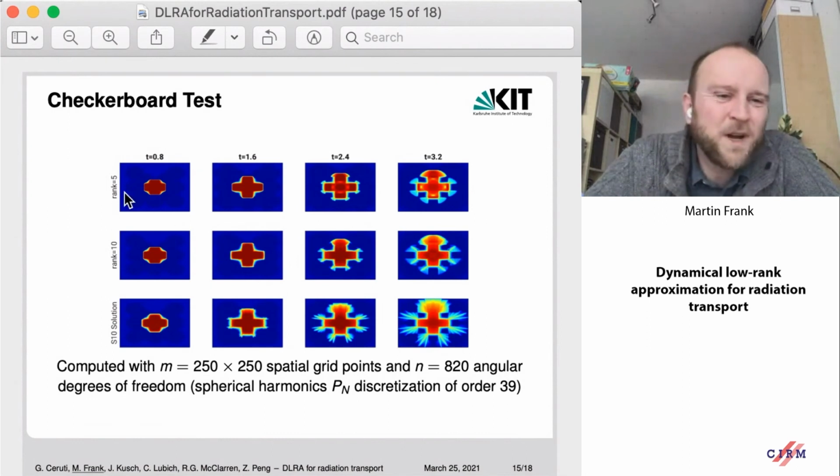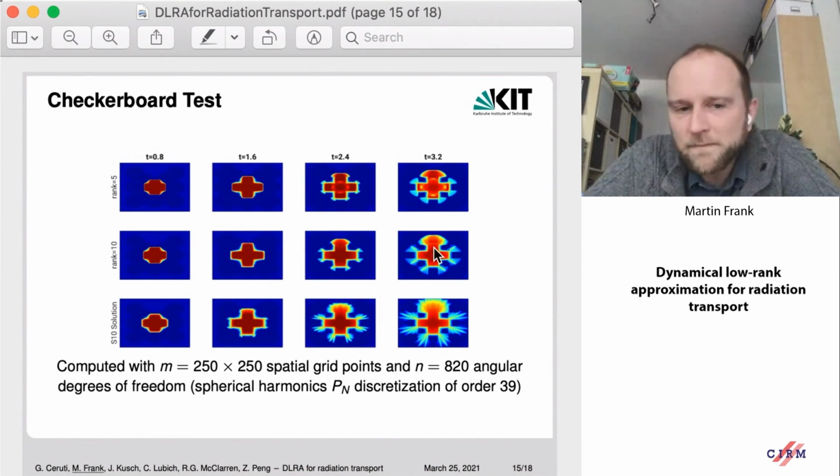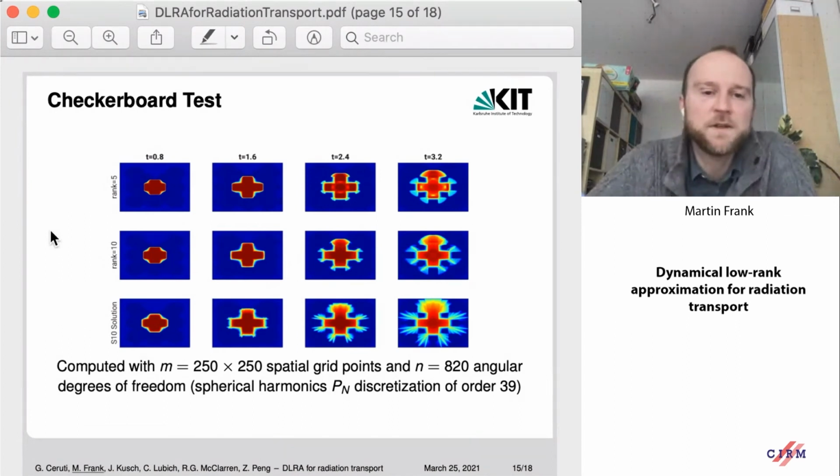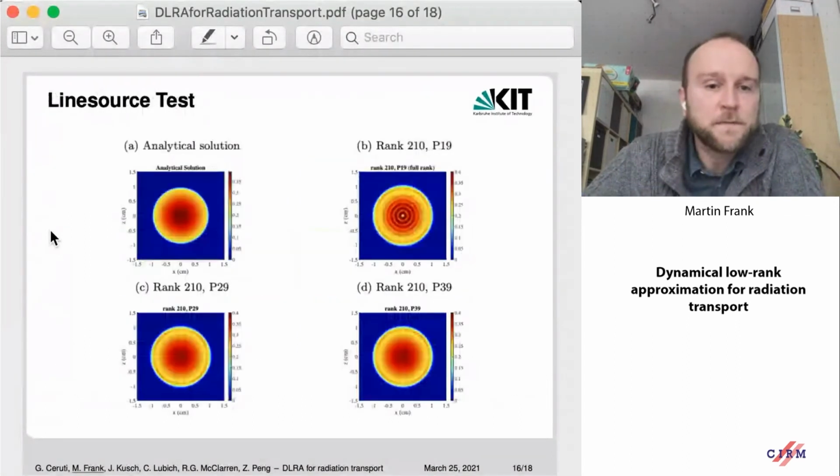You see that rank 5 doesn't seem to be enough, but rank 10 already captures the solution quite well. And it's a significant reduction, because I have just 250 squared times 10 instead of 820, and the other evolution is just 10 times 820, not 250 squared times 820. So it's a significant reduction, and it looks quite good.